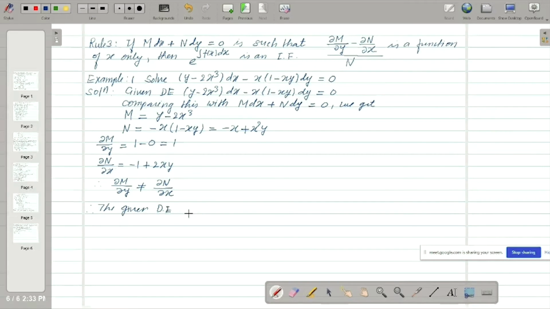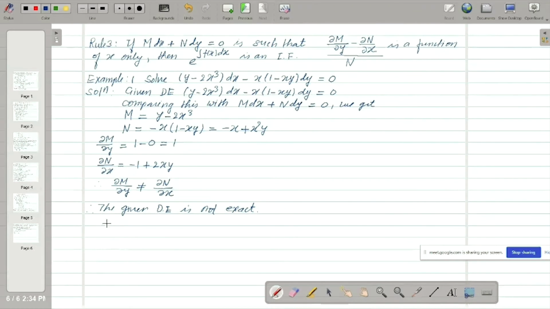So if the given differential equation is not exact, then what do we have to do as the next step? Our job is to find the integrating factor. Yes, our job is to find the integrating factor. So let us find the integrating factor. For that we first find this expression.